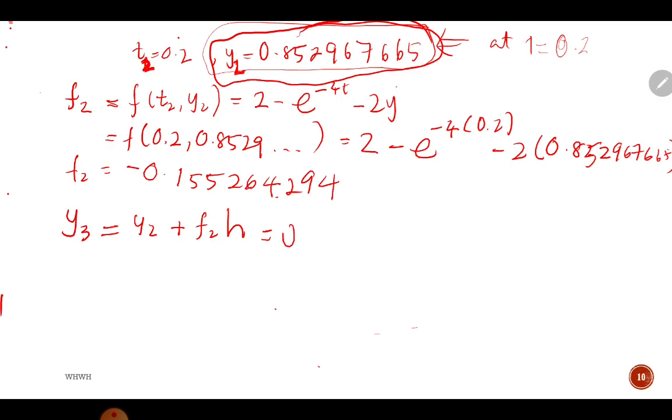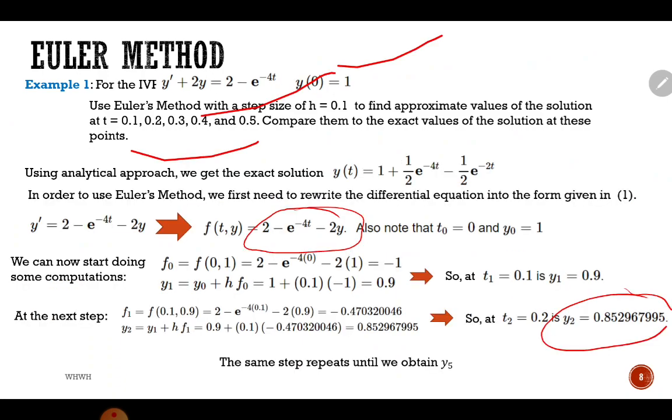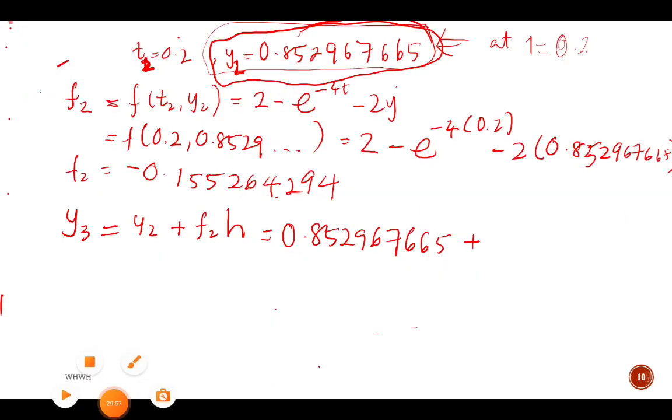Y2 kita adalah 0.852967665. Okay, and then plus with F2 darab dengan H. Saya darab H dululah. So H kita adalah 0.1 kan.